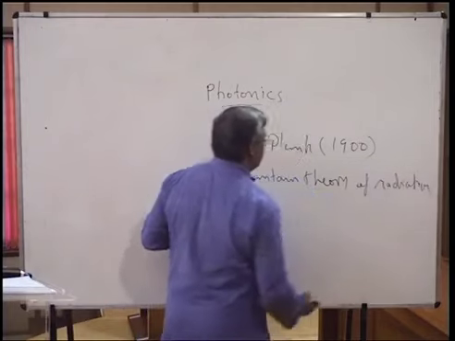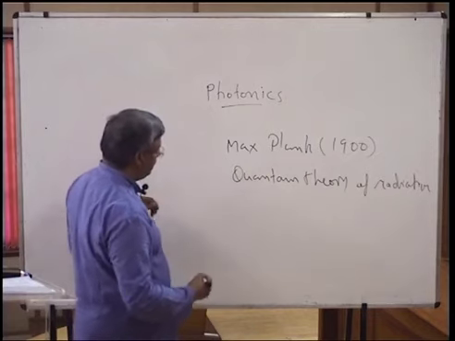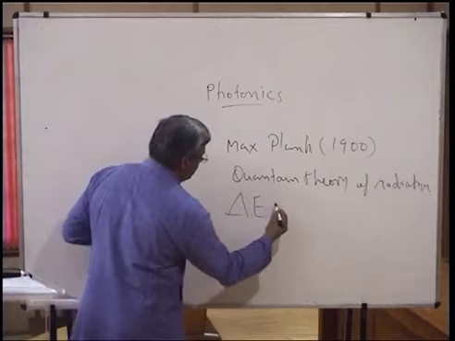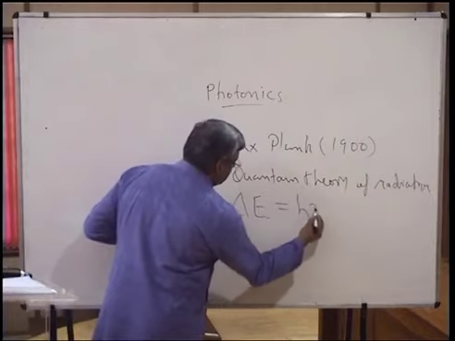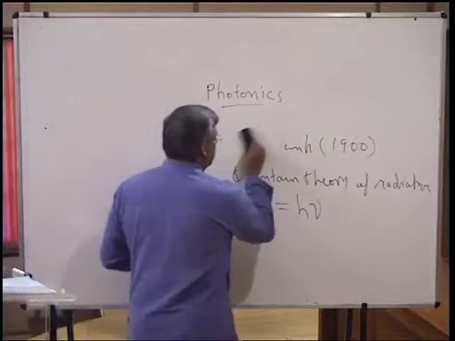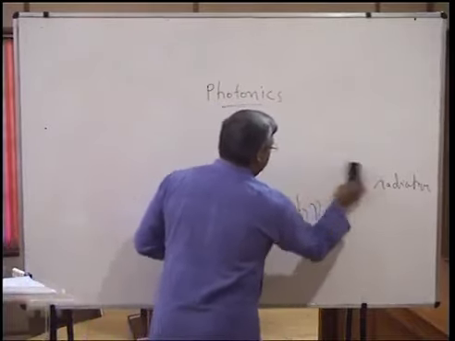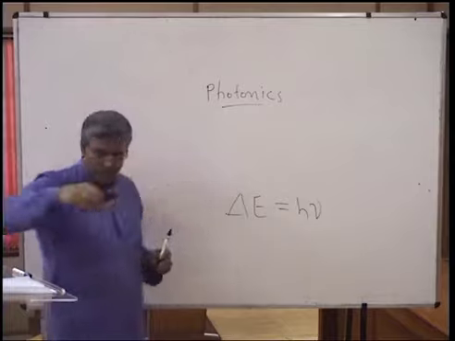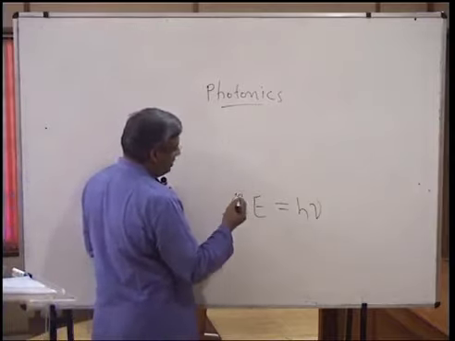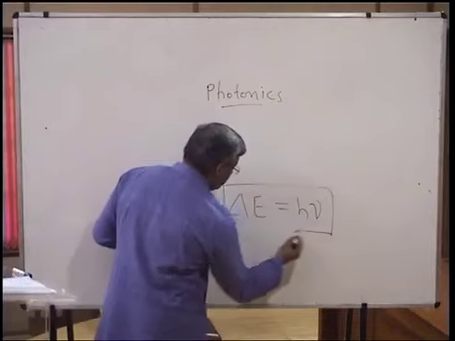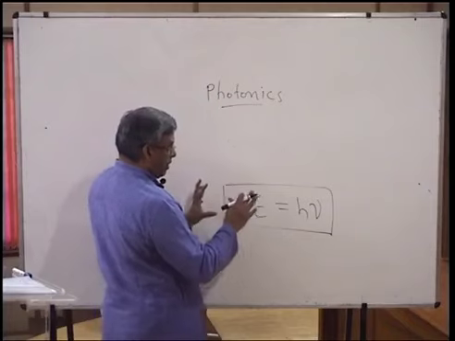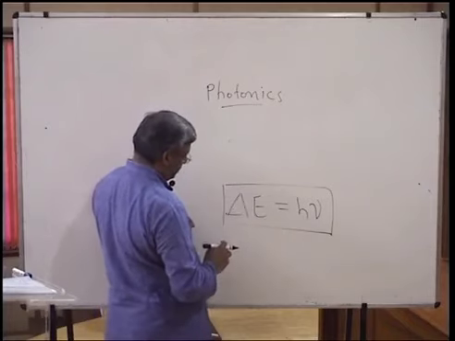And this is something which I have already seen in many ways. And this is represented by a very simple and cute equation. Delta E is equal to h nu. So this is the quantum theory of light, due to Max Planck: delta E is equal to h nu. And in truth, this particular equation is a really wonderful equation, because you can say that two worlds are incorporated into this equation.